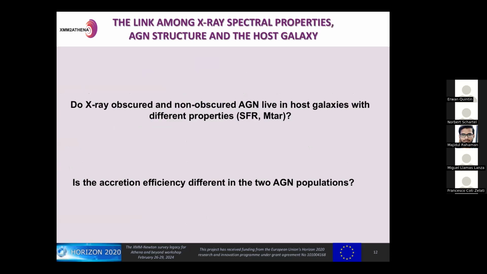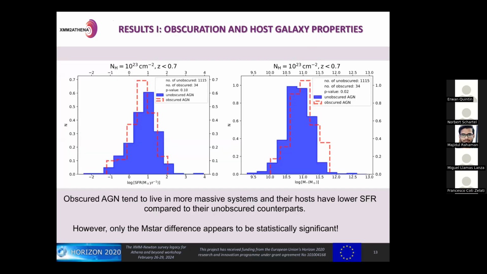So, regarding the first two questions, whether the host galaxy properties of the obscured and unobscured AGN are different, and the accretion efficiency of the two AGN populations, these are our results. In order to classify AGN, prompted by the results of Ioannis' paper that I mentioned earlier, we increased the NH value to 10 to the 23rd.